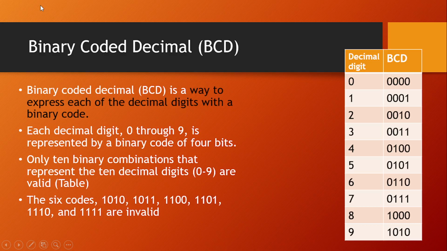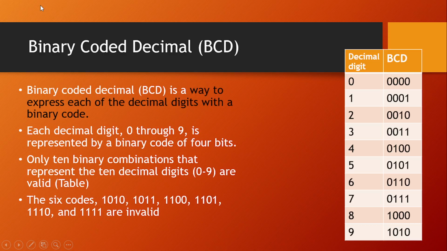Now remember here that after 9 we have 6 4-bit binary numbers, that is 1010, 1011, 1100, 1101, 1110 and 1111, which are not shown in the table.